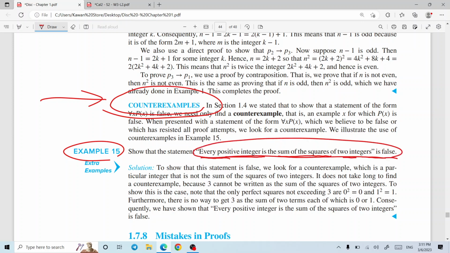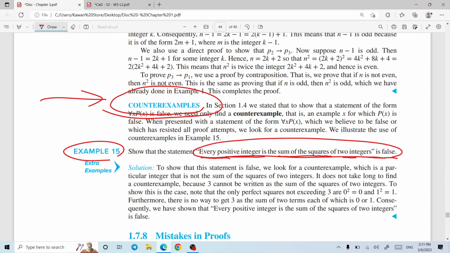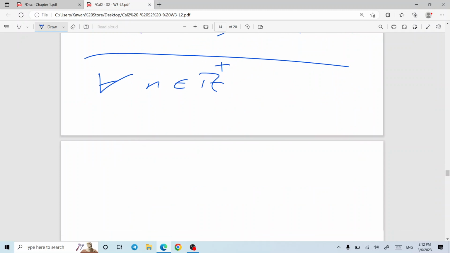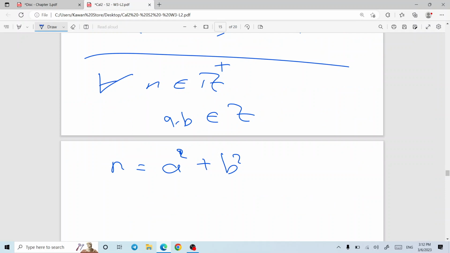So, for each n in the positive integers, n is the sum of squares of two integers. So n is equal to a square plus b square, where a and b also belong to the integers.